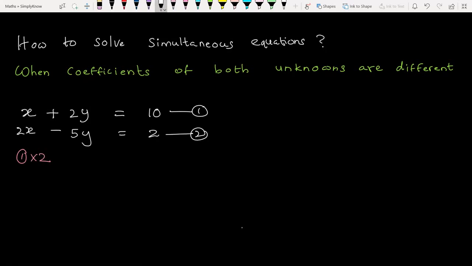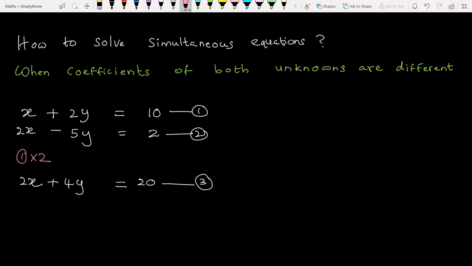So let's multiply. x times 2 is 2x, plus 2y times 2 is plus 4y, equals 10 times 2 is 20. And let's name this equation 3.